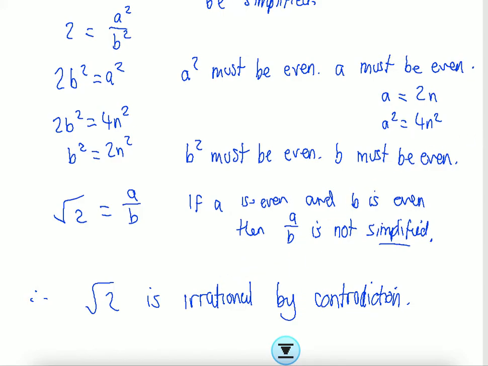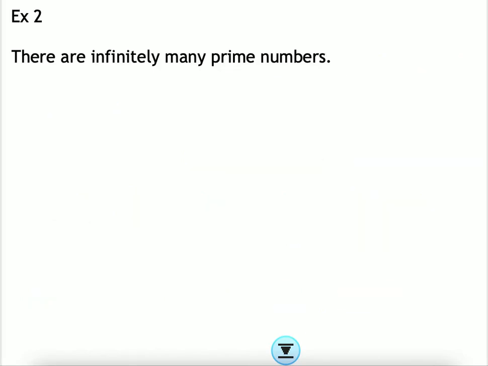So the other type of problem that we could be asked to prove by contradiction: there are infinitely many prime numbers. The first thing we're going to do is write down a negation statement. So there are a finite number of primes.